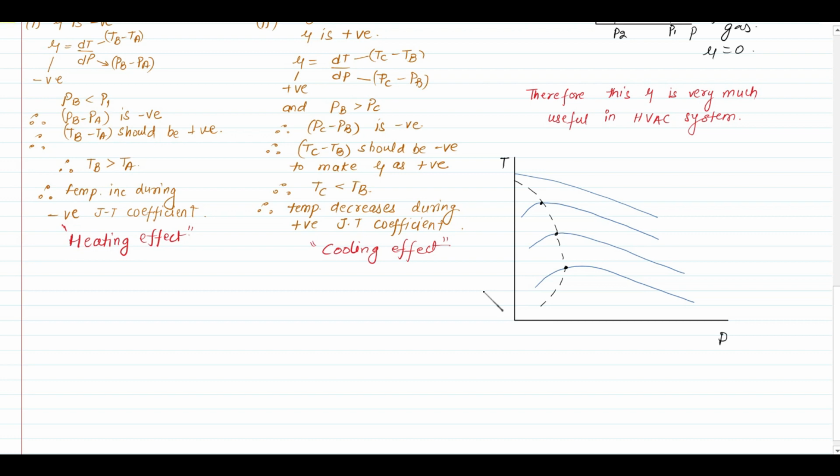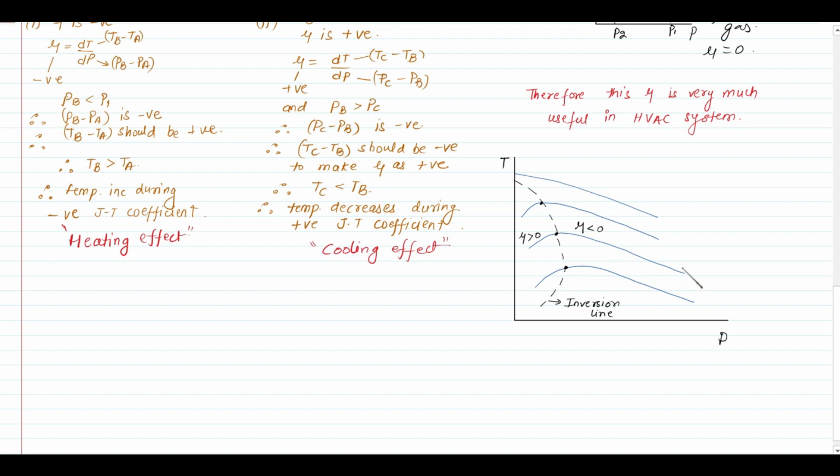On the right hand side of the curve, as temperature is increasing, the Joule Thomson coefficient is negative, so we can write mu is less than 0, and on the left hand side mu is greater than 0, as the Joule Thomson coefficient is positive in the left region. This is the inversion line because it is made from inversion temperatures.